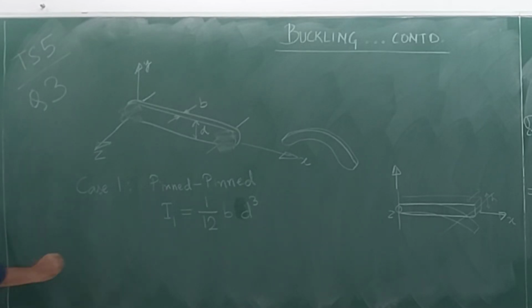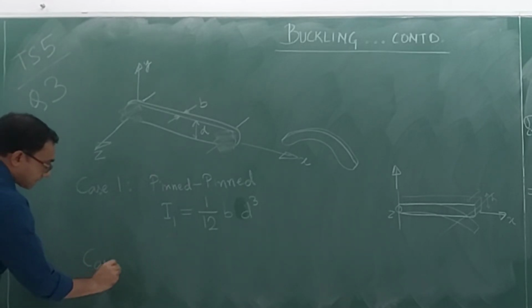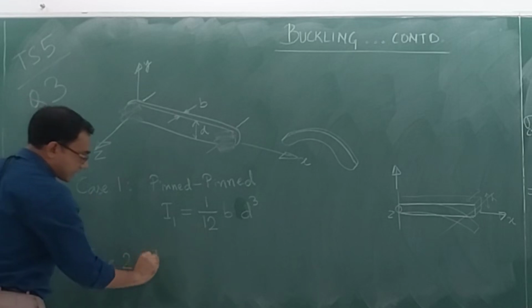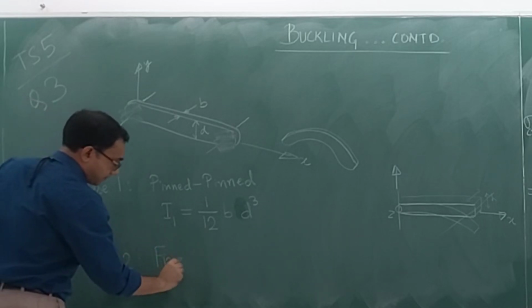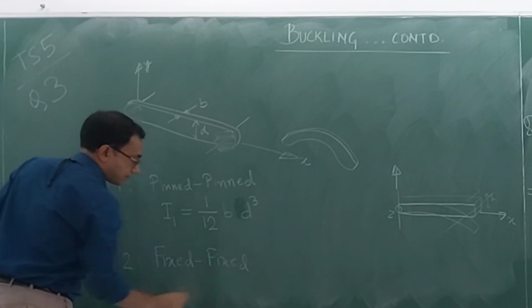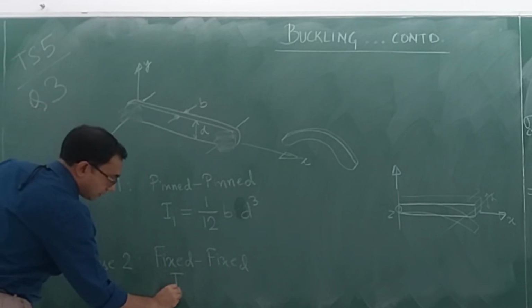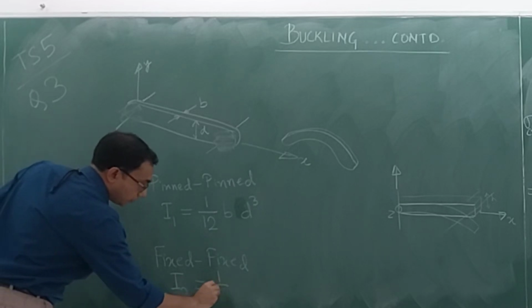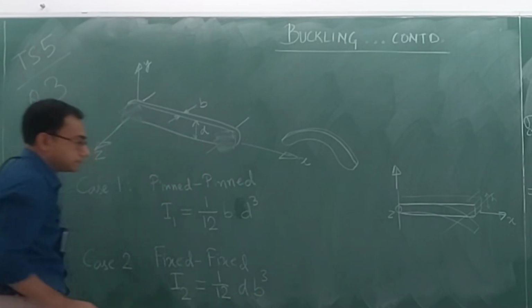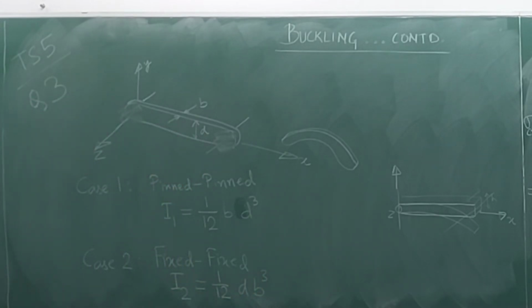Okay. Case 2, this is the fixed case. Here, this I2 will be 1 by 12 dB cube. Okay.